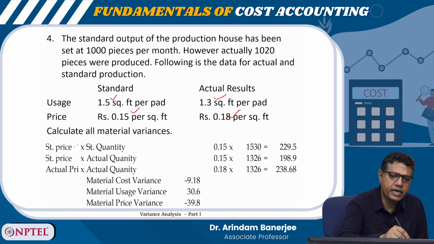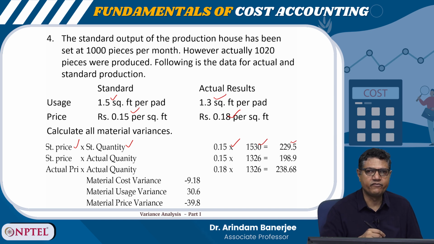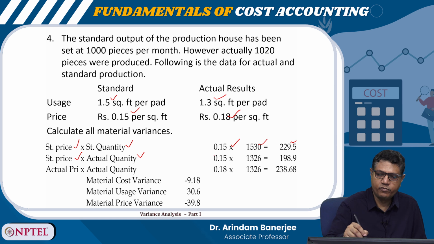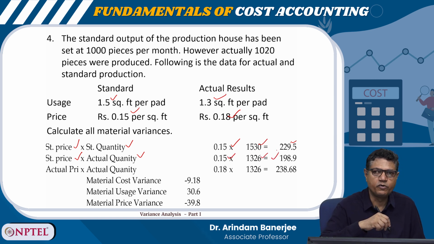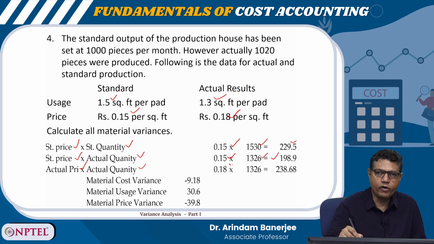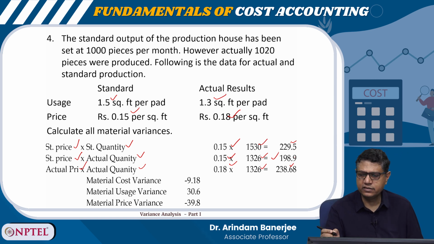So standard price into standard quantity, 0.15 into 1530, that is 229.5. Standard price into actual quantity, 0.15 into 1326, that is 198.9. Actual price into actual quantity, 0.18 into 1326, so 238.68. So what is the material cost variance?